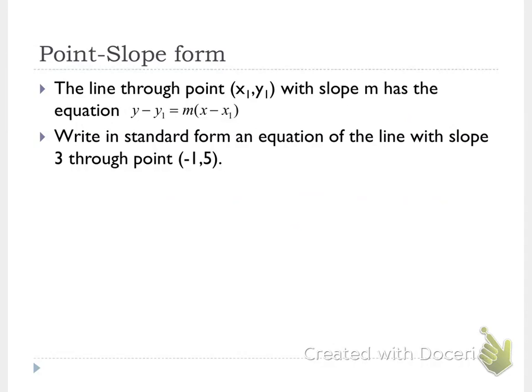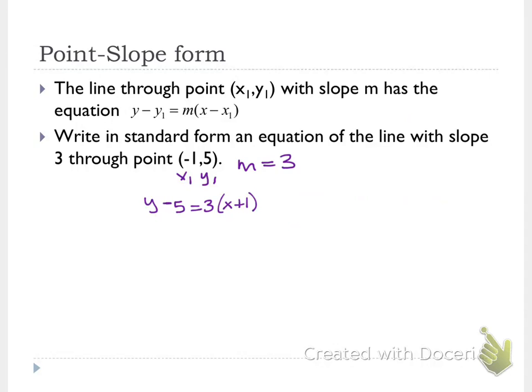So our m is 3, and this is x1, y1. So now I'll just plug it in. It should be y minus 5 equals 3 times x plus 1. And it's plus 1 because a negative times a negative is positive for that x1.